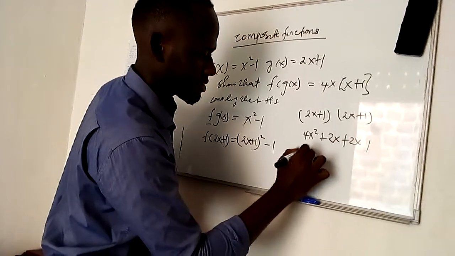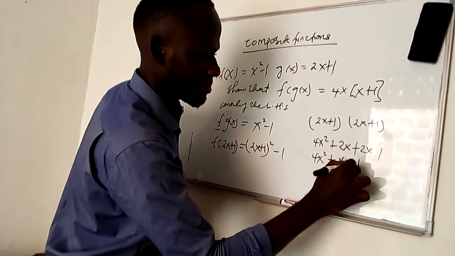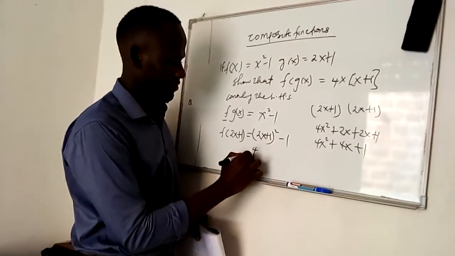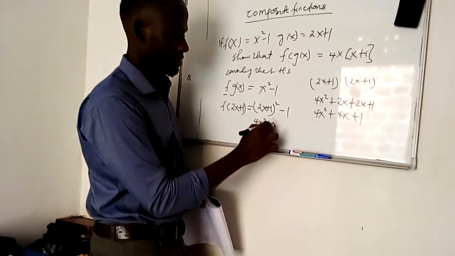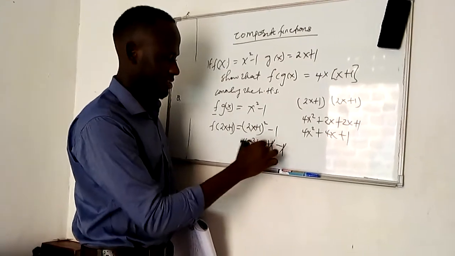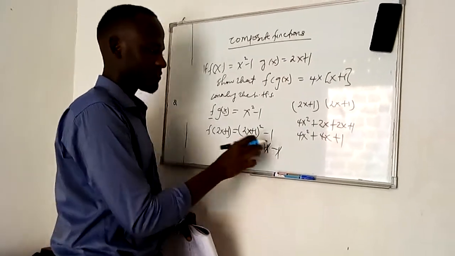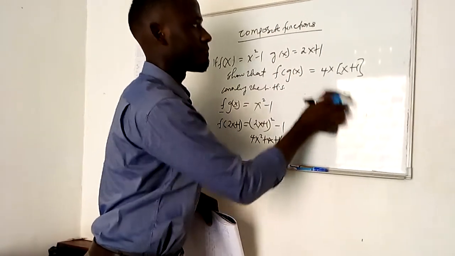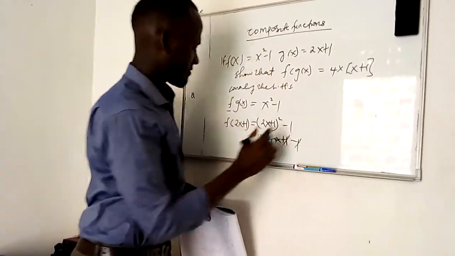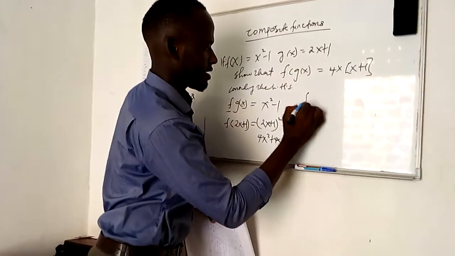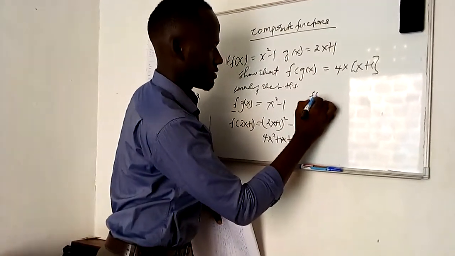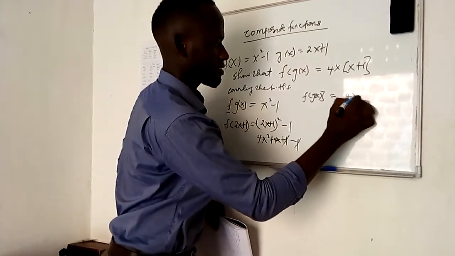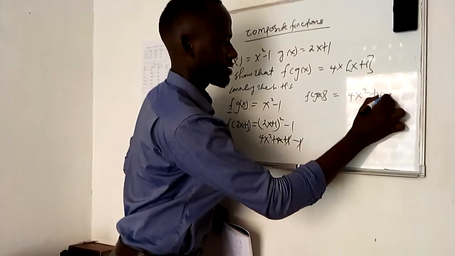So this is 4x squared plus 4x plus 1. So here we shall have 4x squared plus 4x plus 1 minus 1. This will have to cancel. And then we shall say, so our f of g of x will be equal to 4x squared plus 4x.